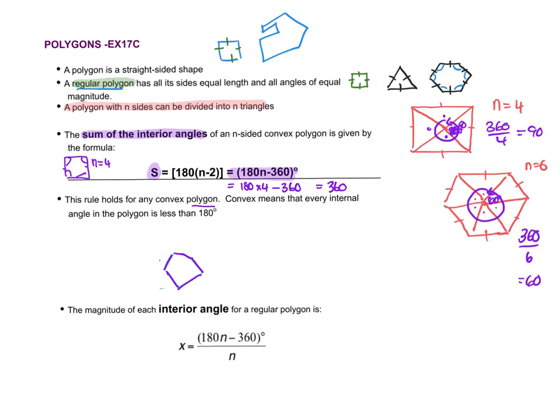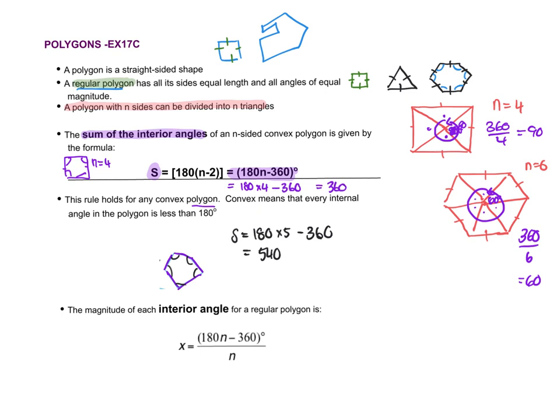If I was working out the sum of this shape, because it has 5 sides, it'd be 180 times 5 minus 360, which is 540. So if I added up all these angles, I'd get 540.